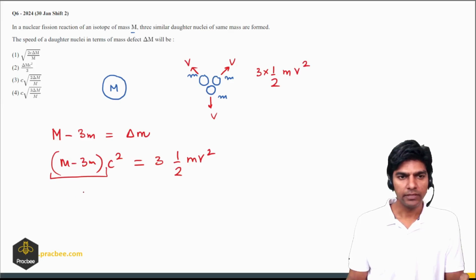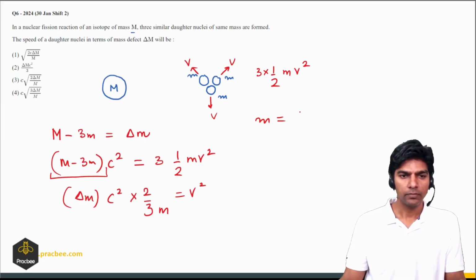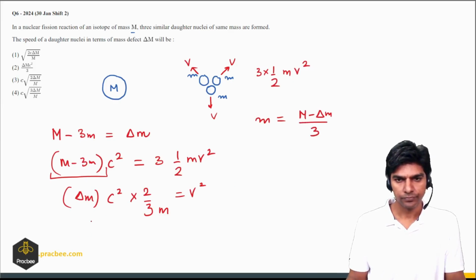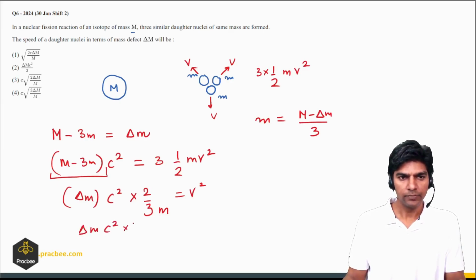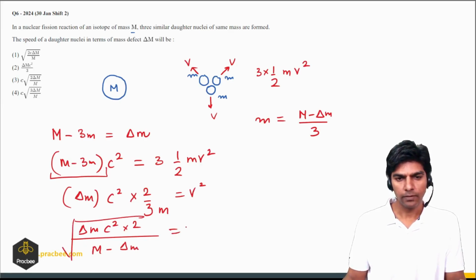So we can write this as delta m times c square times 2 by 3, and then we have small m equals to v square, and small m can be written as capital M minus delta m divided by 3. So delta m c square times 2 divided by 3m can be written as capital M minus delta m, and then we have to take the square root of this.